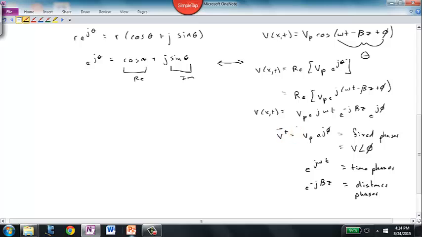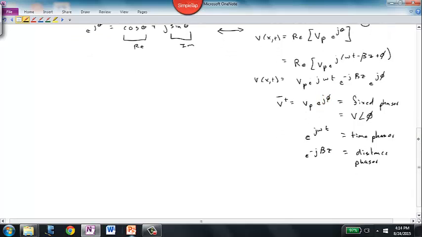So in electromagnetics, phasors have three parts: the fixed phasor, which is the peak value times e to the phase shift, the same as in previous classes; the time phasor, e to the j omega t; and the distance phasor, e to the minus j beta z.